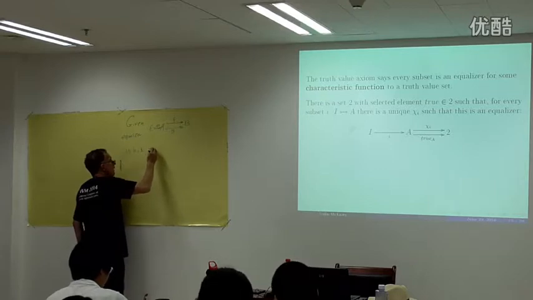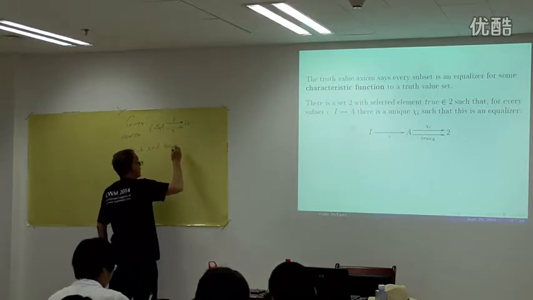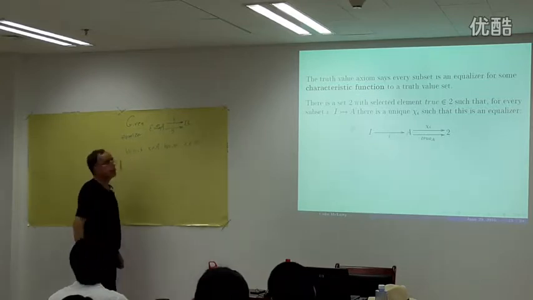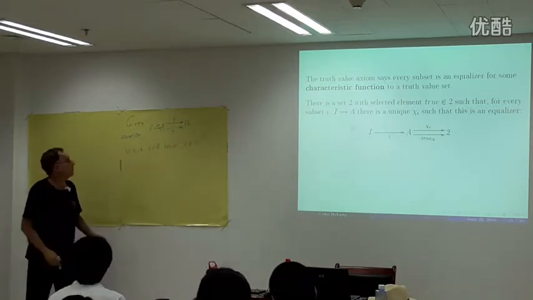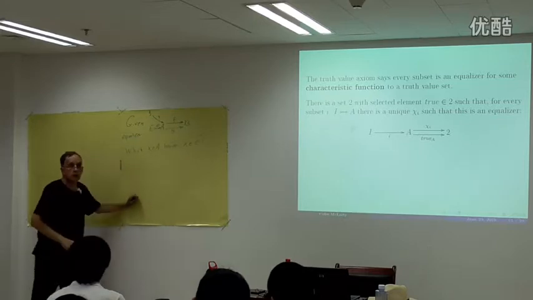Which elements of A have x element of E? What are the elements of that equalizer? That is, which arrows here are elements of the equalizer?